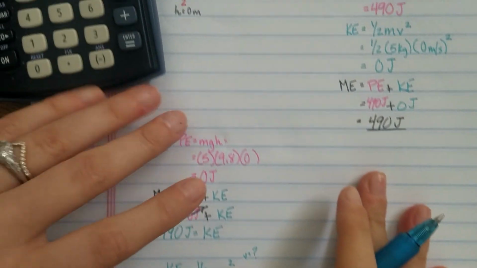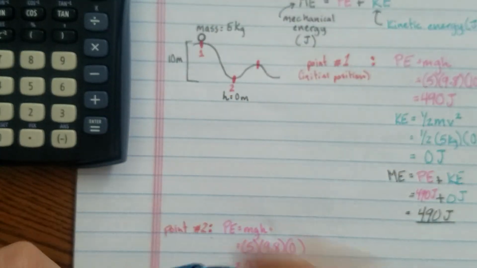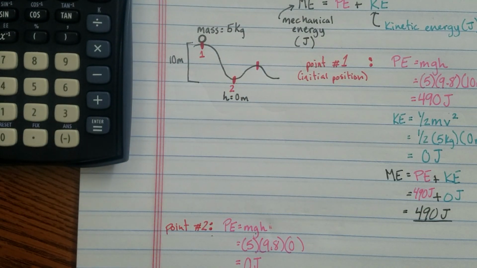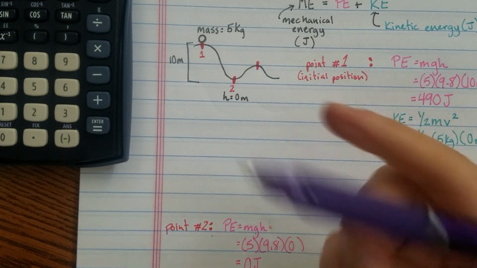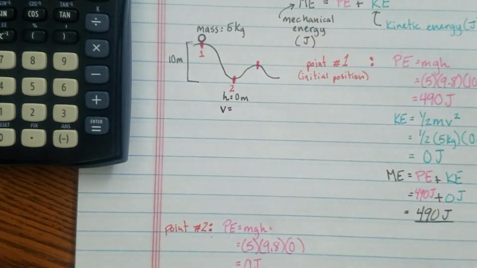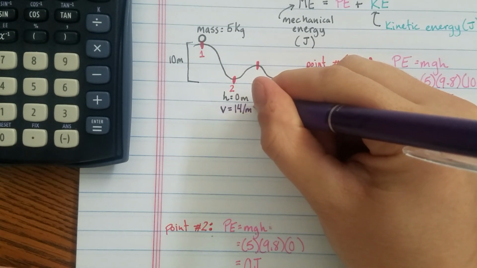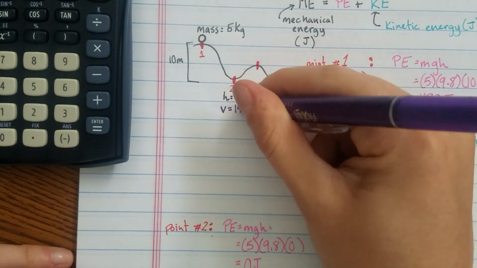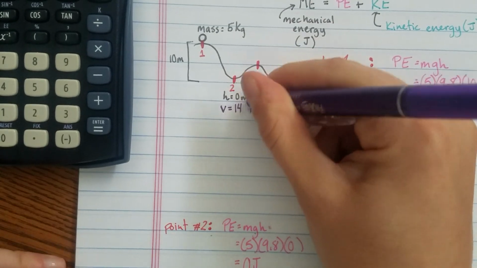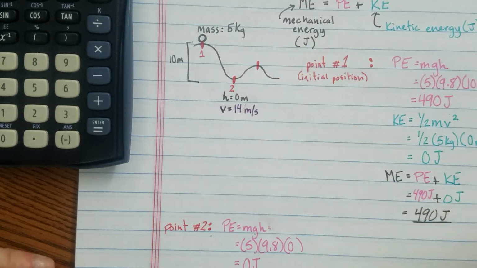So at point 2 here, I now know that the height was 0, and that the velocity is 14 meters per second.